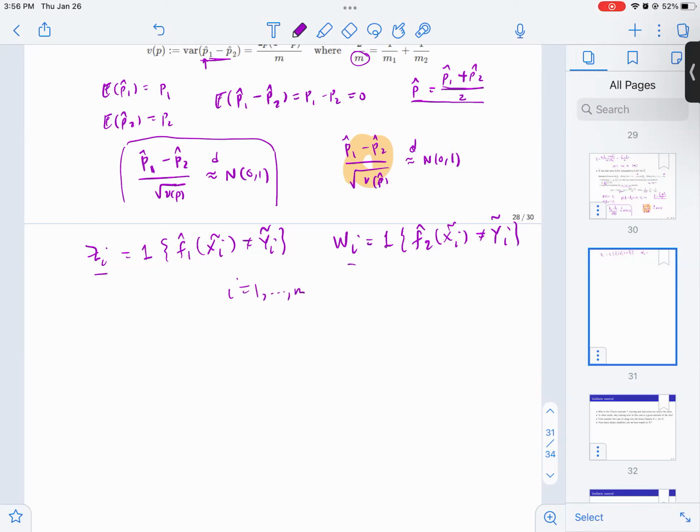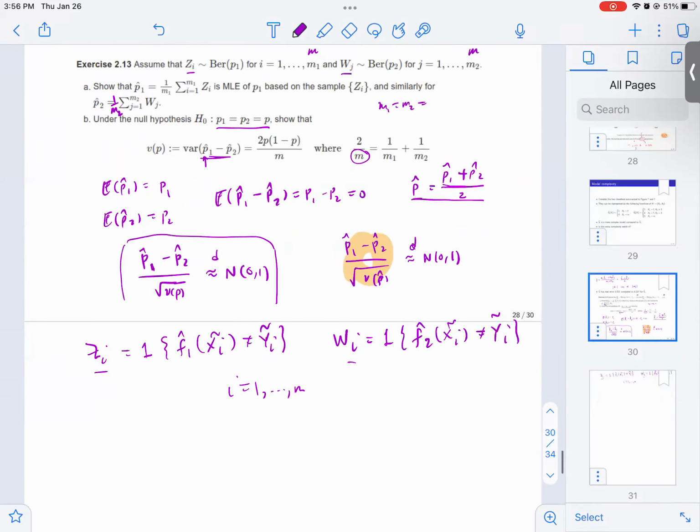So these two are not independent because they use the same sample. I'm going to ignore this for now and pretend that they are independent, but you can try to fix it. So this variance is assuming that they are independent. Let's see what we get. Is the rest clear?